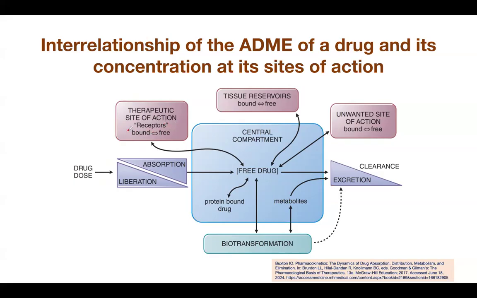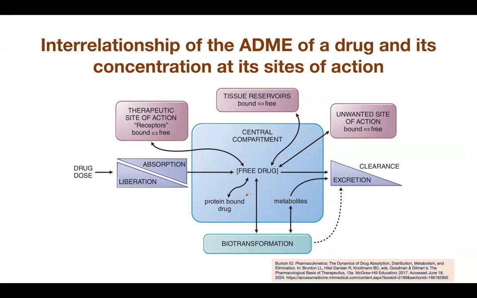That is most important because the drug will also reach unwanted sites of action, and that can cause adverse effects. So everything is determined inside our compartment, that is the central compartment, by how the free drug concentration is available there.